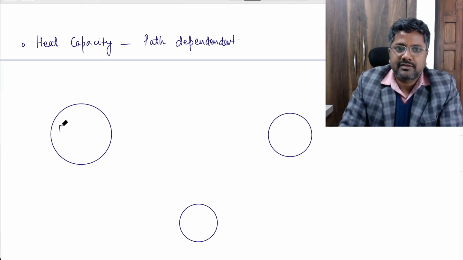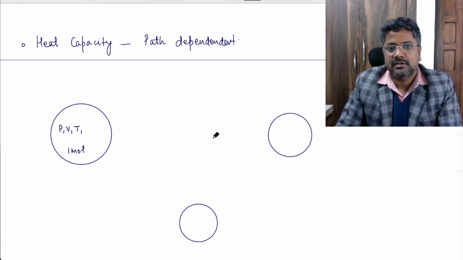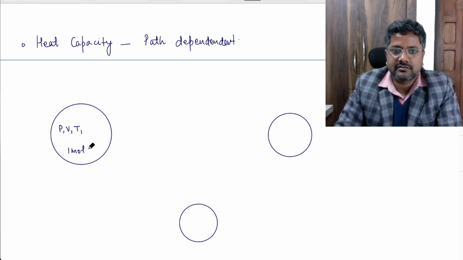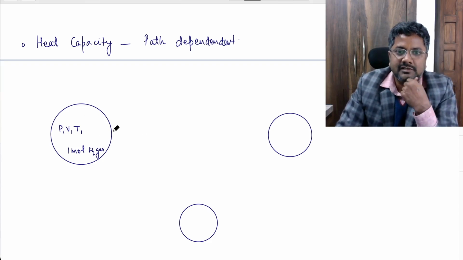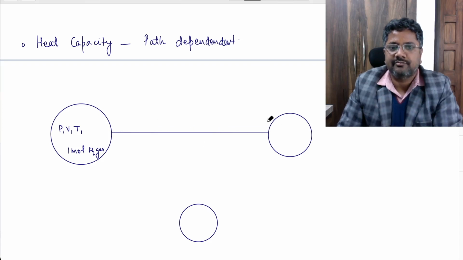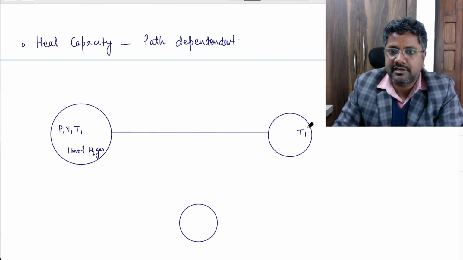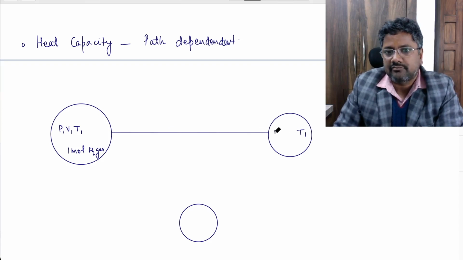Suppose that we have P1, V1 and T1, 1 mole of gas, 1 mole of hydrogen gas. We have taken here P1, V1, T1. And suppose that we are moving from here to here through a constant temperature path, so here T1, and the pressure is P2, V2, and 1 mole of hydrogen, right?